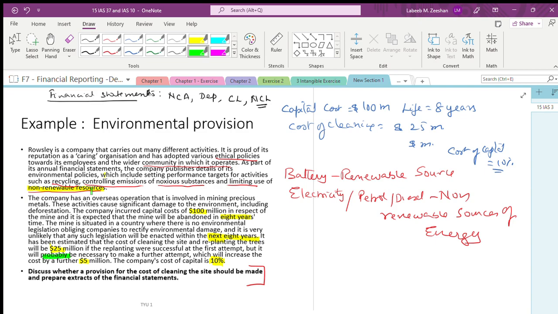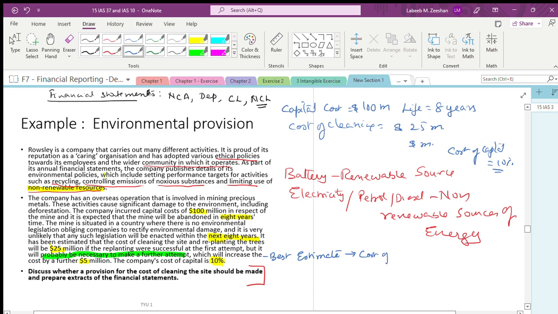Probably to be necessary to make a further attempt means it is nothing but a best estimate. So how much will be the cost of cleaning? 25 plus 5, it comes to 30.